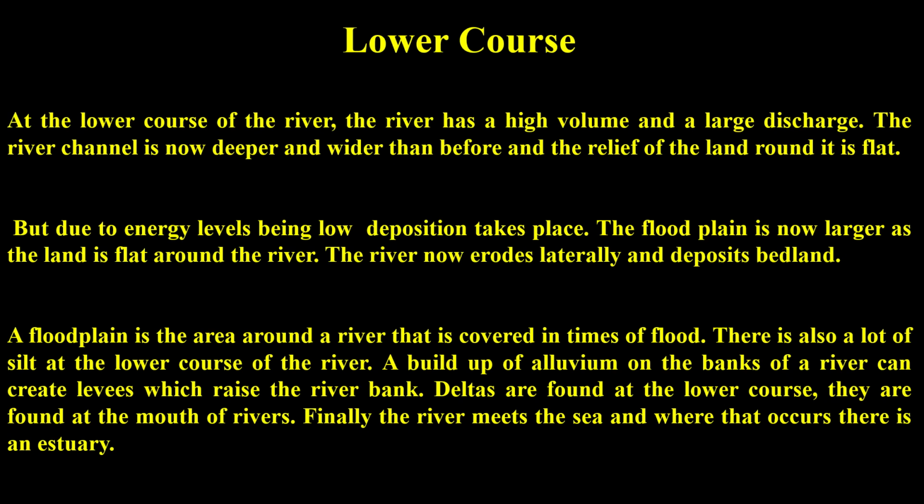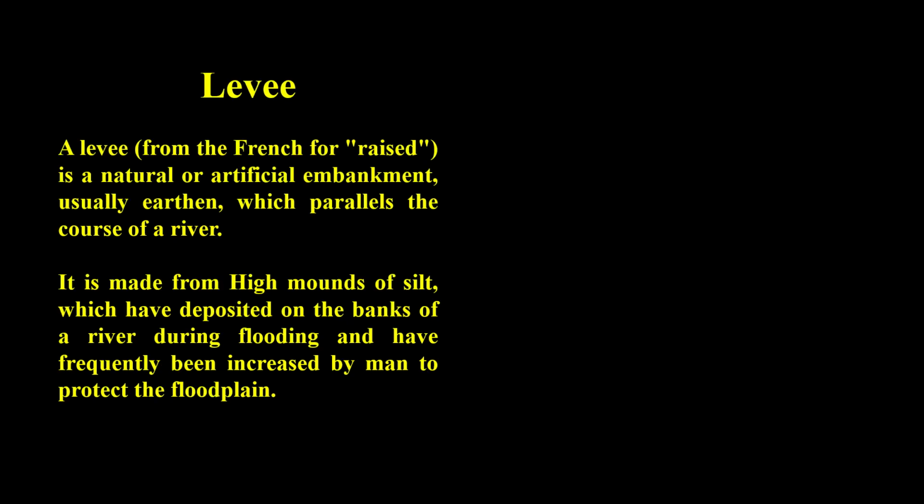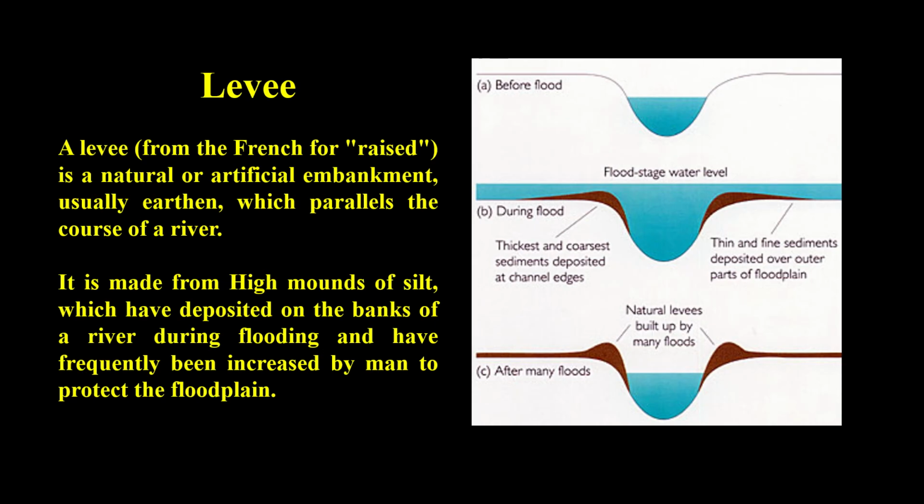So what does this do? They will raise the river bank. It is made from high mounds of silt. As we have just said, deposition of silt is very prominent at this course, which have deposited on the banks of the river during flooding and have frequently been increased by man to protect floodplain.